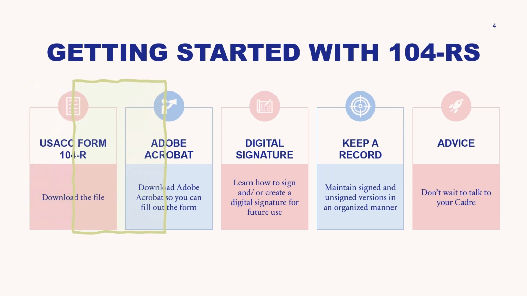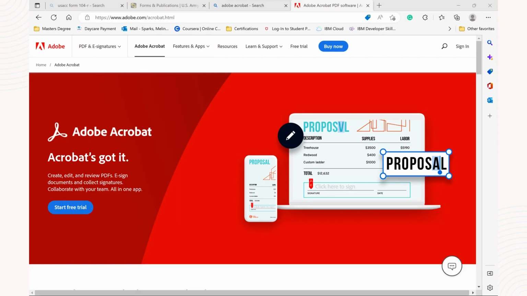Next, the 104R is a PDF file. You must download Adobe Acrobat in order to fill it out properly. Great news! Adobe Acrobat Reader is free to use. The only functionality that is behind a paywall is the ability to edit PDFs, and you don't need to be able to do that. Go to Sign In and create an account.